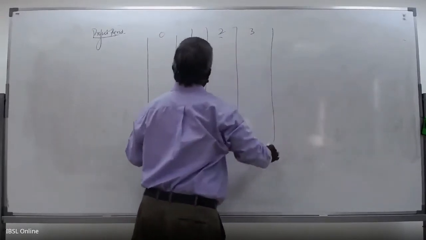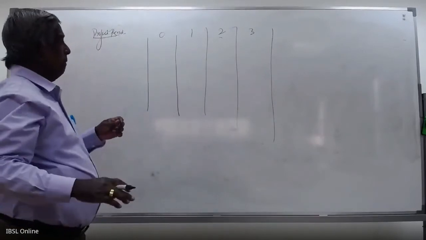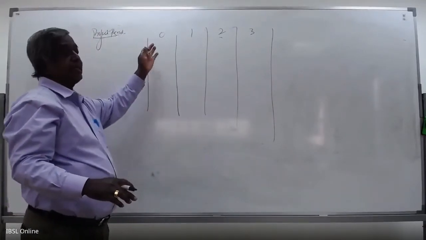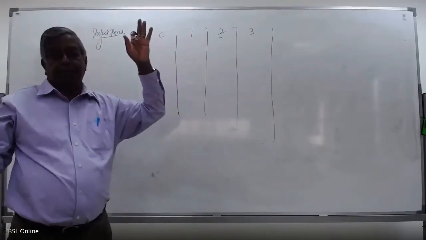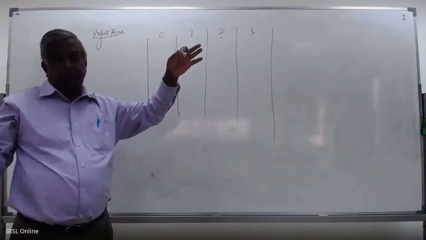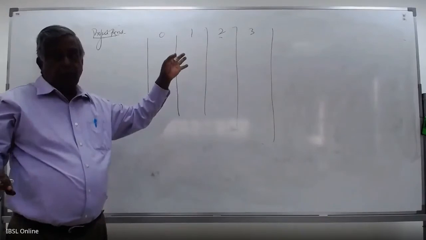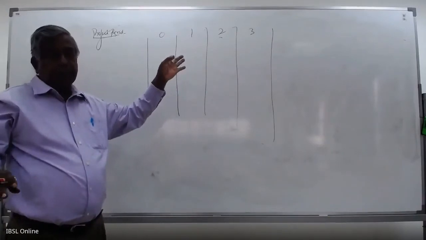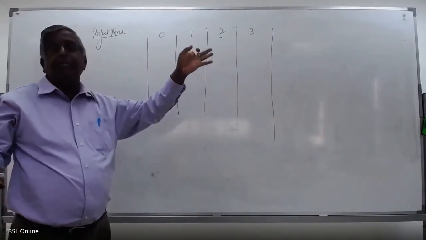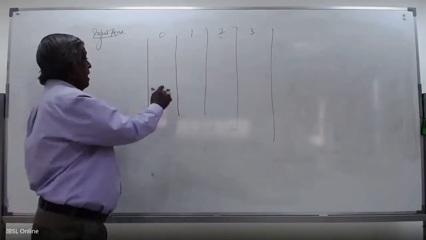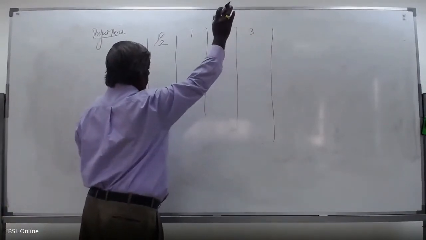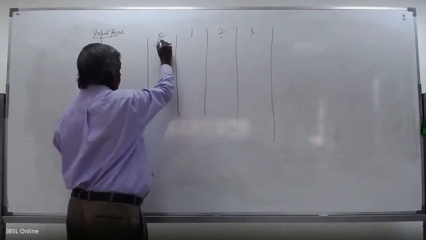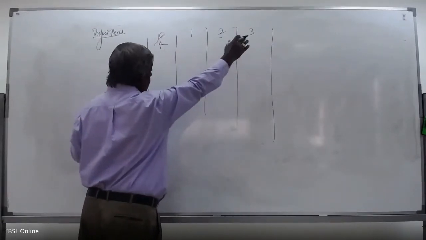If you are taking a yearly basis, then everything should be on a yearly basis. If you are taking a half yearly basis, everything should be half yearly. If quarterly, everything should be quarterly.